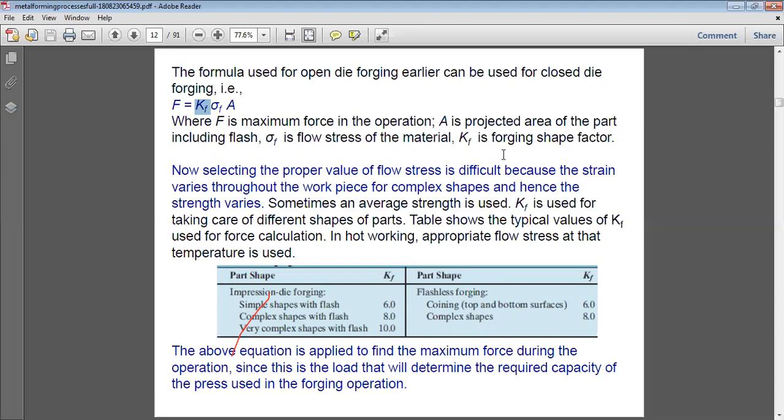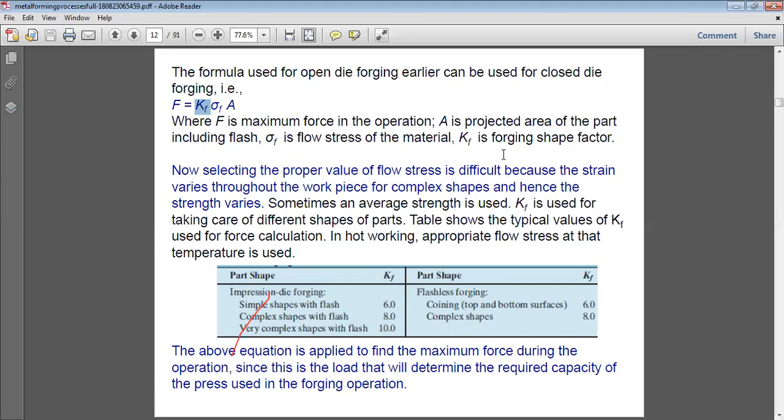As the shape changes, the section changes and the value of strain also changes, so there is variation in strength due to the change in shapes.